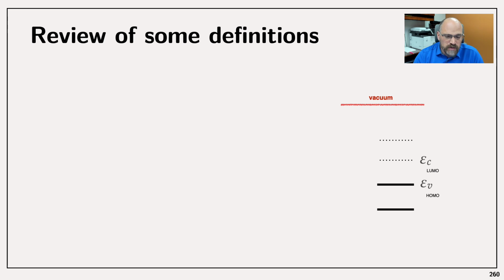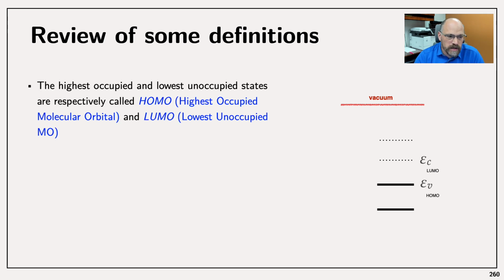The reason I mention this jargon difference between chemistry, which we use for molecules, and solids, like conduction and valence band, is that the highest occupied and the lowest unoccupied states have slightly different names.